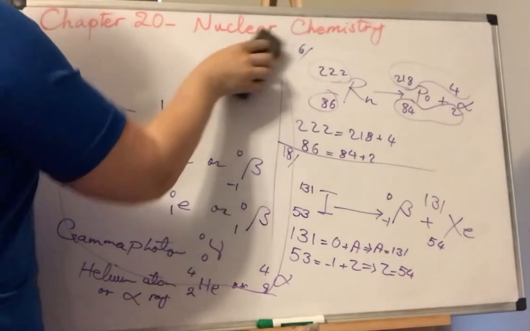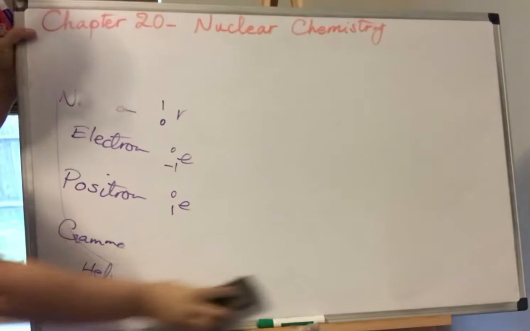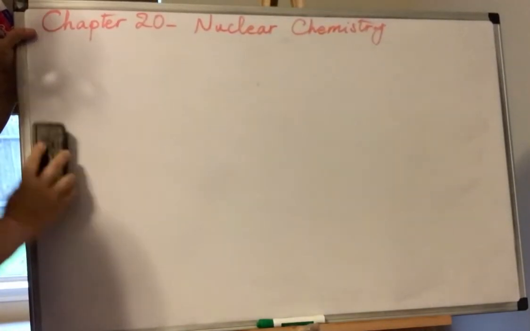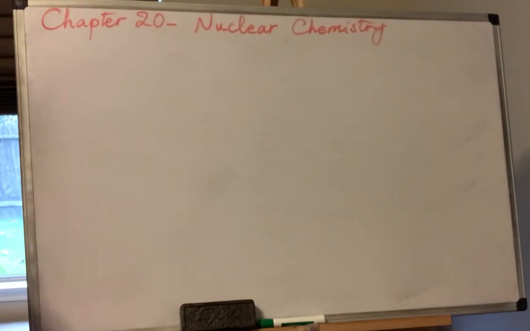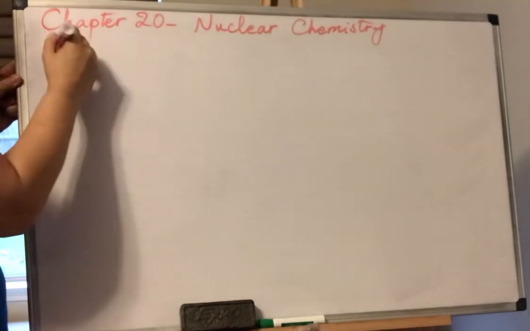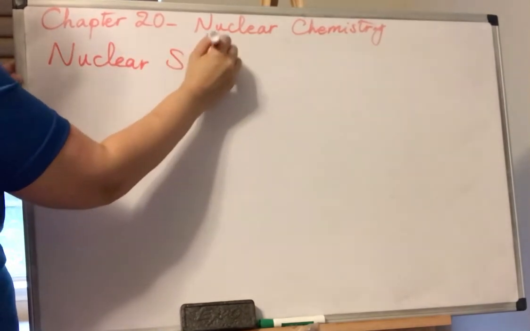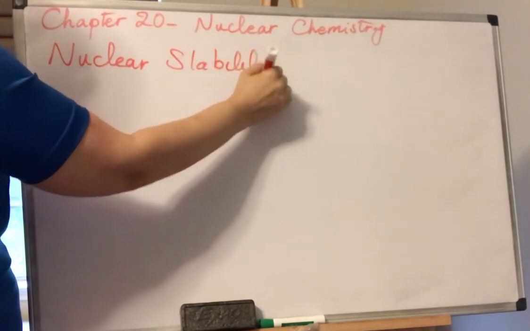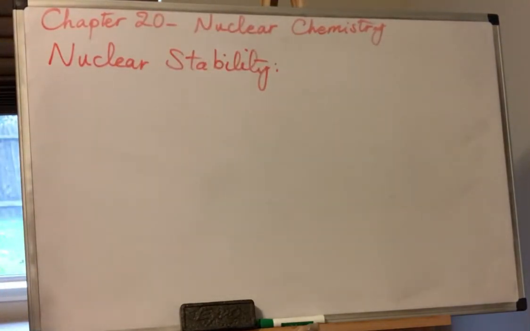The next concept to learn in nuclear chemistry chapter is nuclear stability.